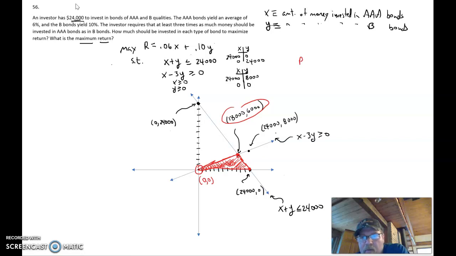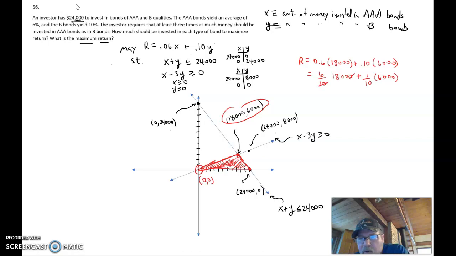Take my revenue, 0.6 times 18,000 plus 0.10 times 6,000. 0.6 is 6/10. 6/10 times 18,000. 0.10 is 1/10. 1/10 times 6,000.